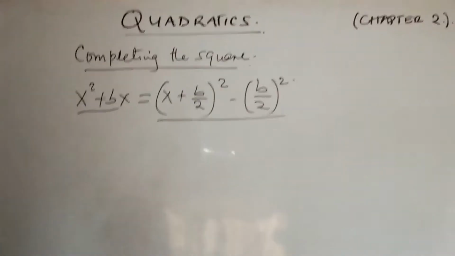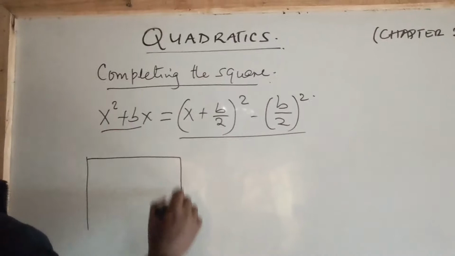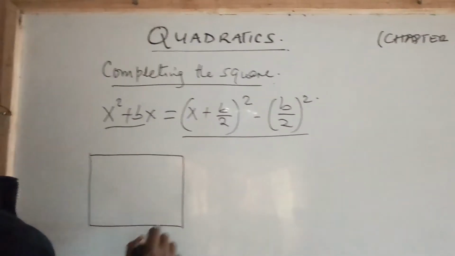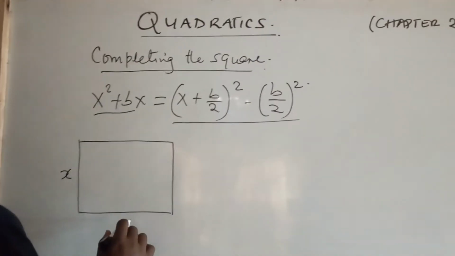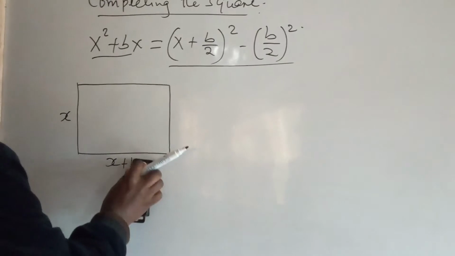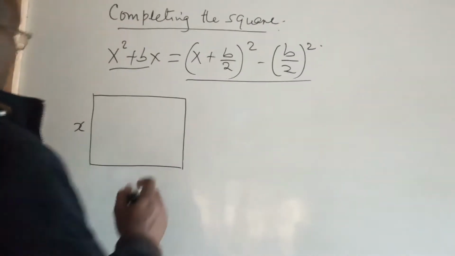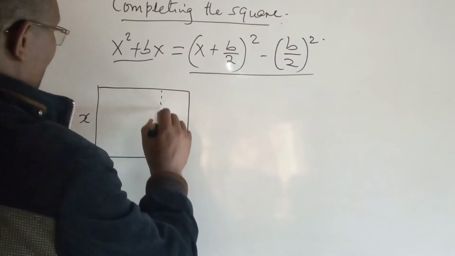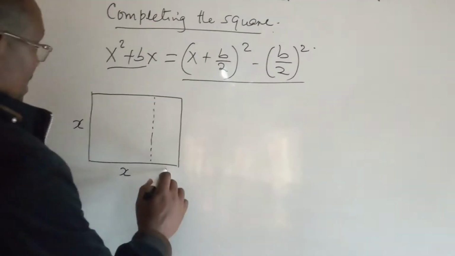So you can have a rectangle of this dimension. I just want to illustrate how this is possible. If you have a rectangle with dimensions x and x plus b, I want to divide it into two, so that this part from here to here equals x, and from here to here this is b.